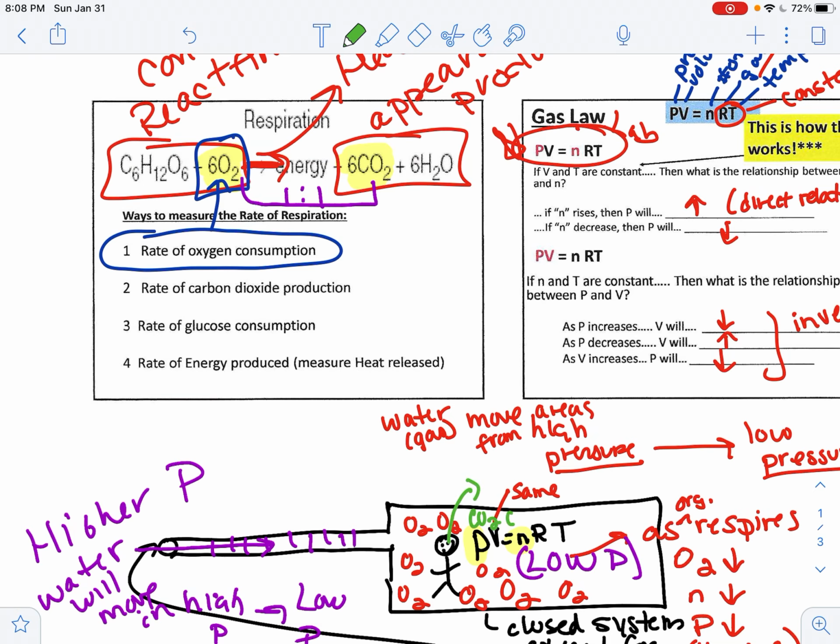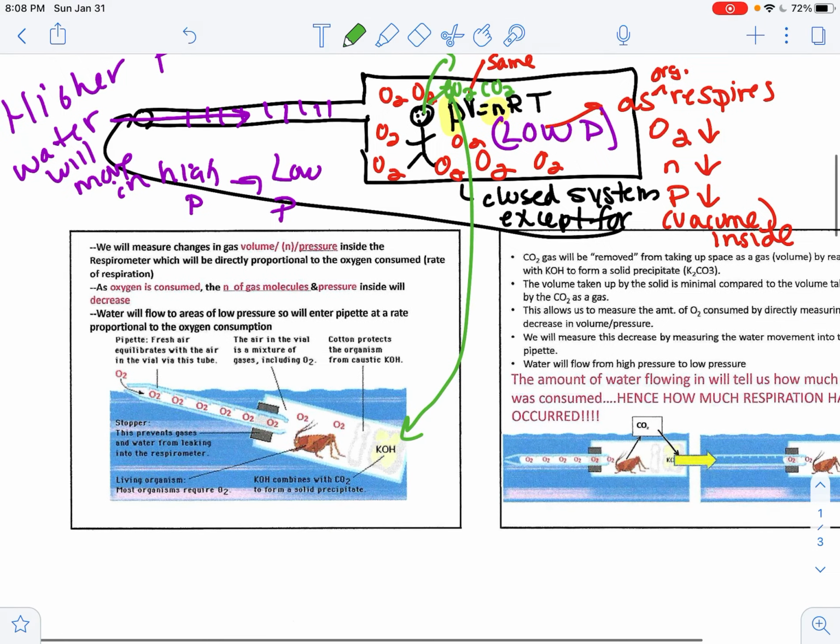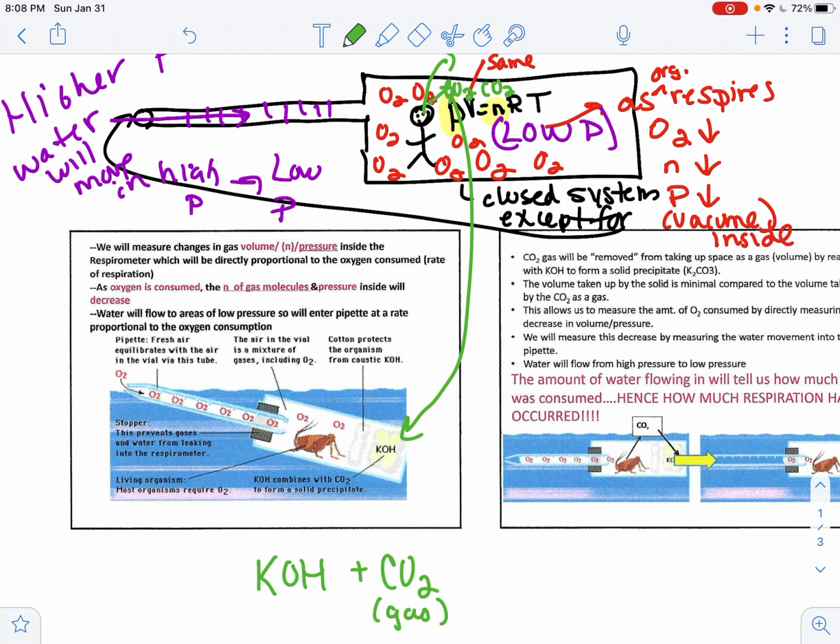Well, it's going to be inside the thing, but as the carbon dioxide gas is breathed out, we're going to see that we put this KOH in here, and this is a molecule that will have a chemical reaction with carbon dioxide. KOH, potassium hydroxide, has a reaction with carbon dioxide, which is a gas.